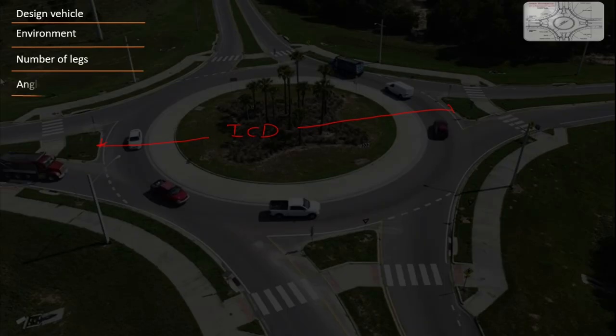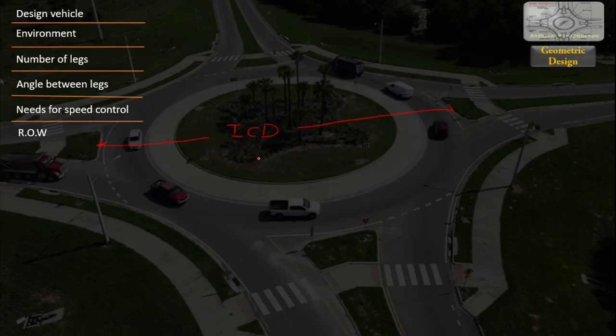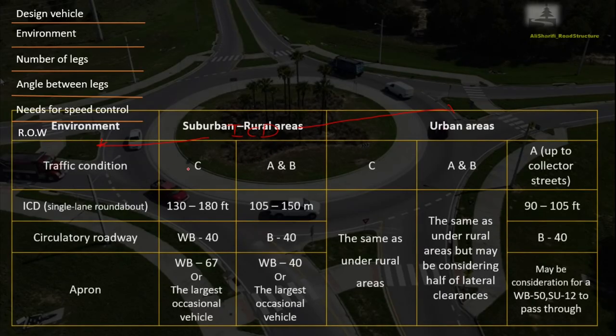We discussed the factors that play a role in selecting the appropriate size for ICD, and at the end we came up with a table you could use to select the appropriate size depending on the environment, which could be suburban, rural or urban areas, and the traffic condition that takes the combination and proportion of trucks into account. We also discussed how you could split the ICD into circulatory roadway and the apron.